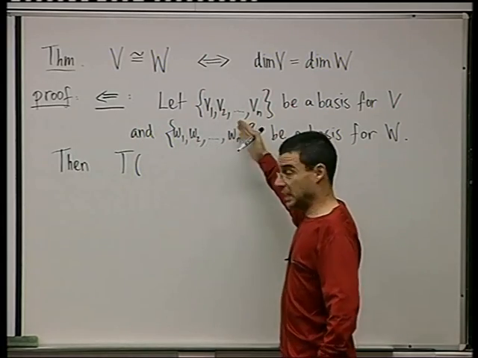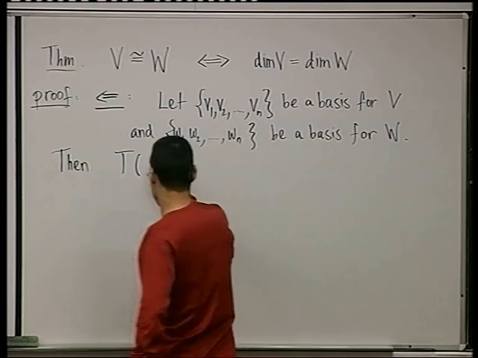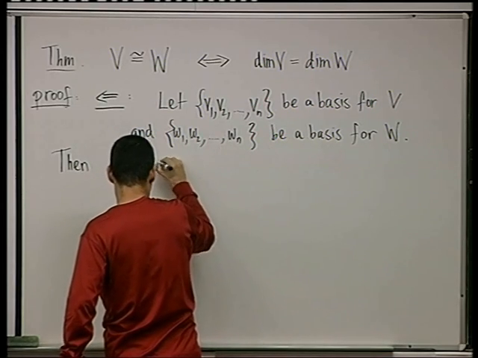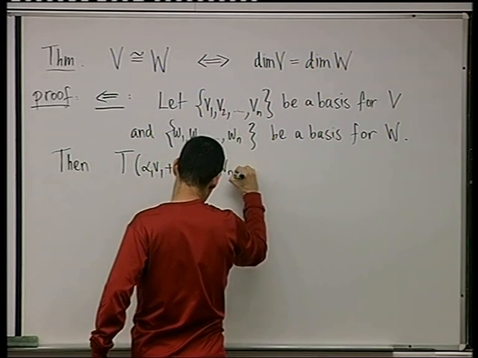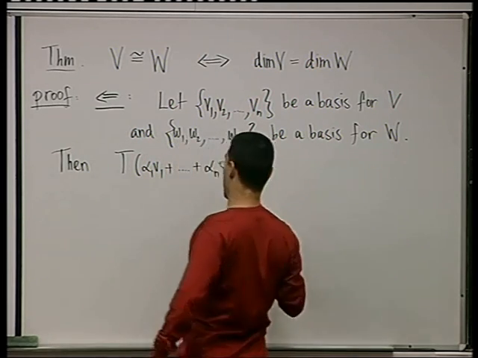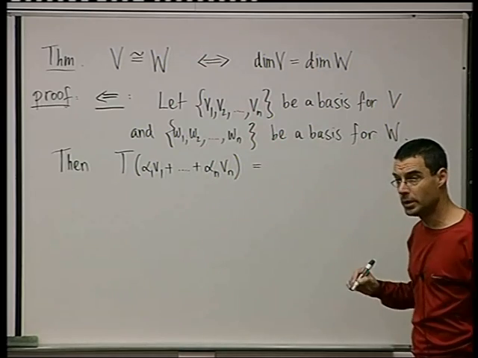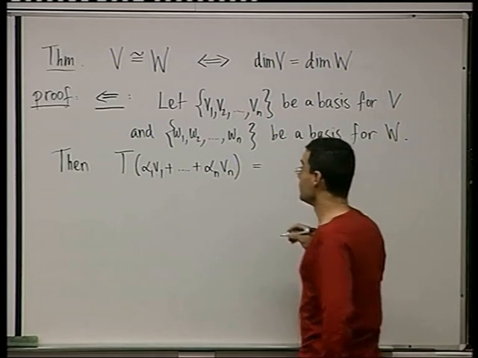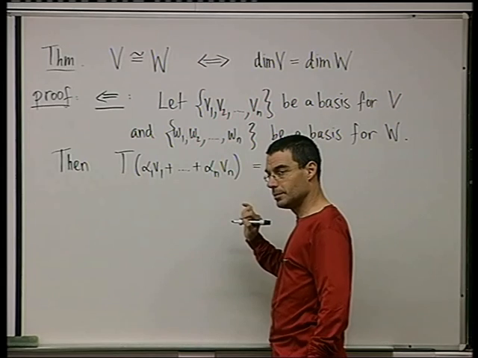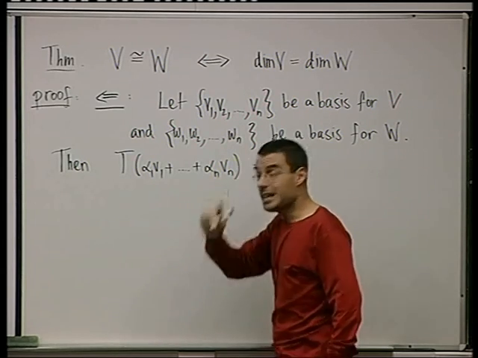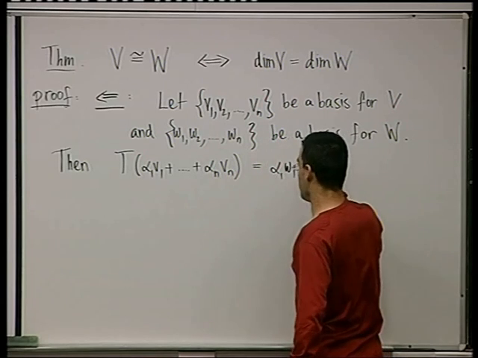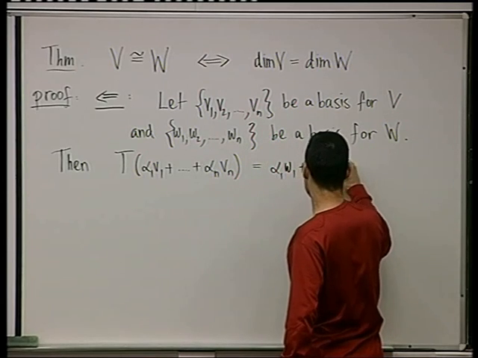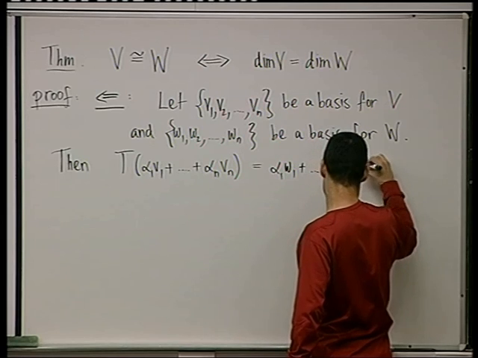A linear combination of the Vi's. So it's alpha 1 V1 plus ... alpha n Vn. And what am I going to send it to? A general element in W: the same linear combination of the W's. Alpha 1 W1 plus ... alpha n Wn.